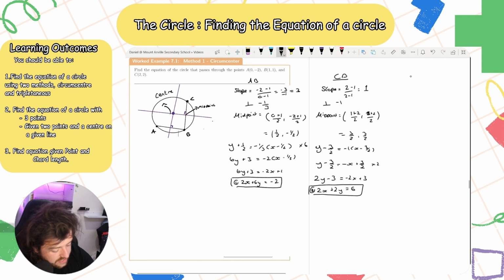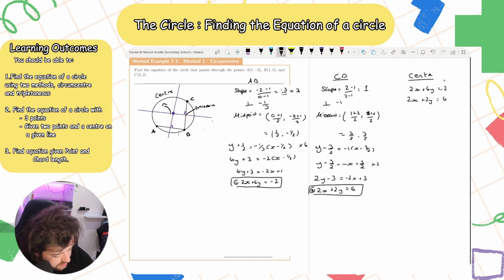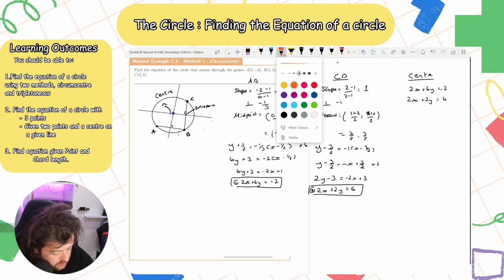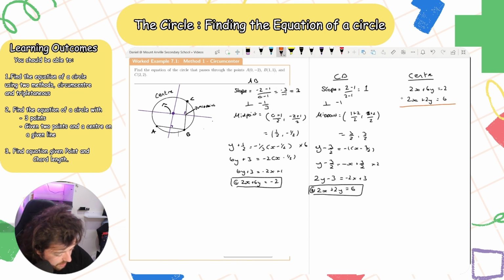Now, to find my center, I solve them simultaneously. 2x plus 6y is equal to -2, and 2x plus 2y is equal to 6. I am going to multiply my bottom line by -1, so it's -2x minus 2y equals -6.